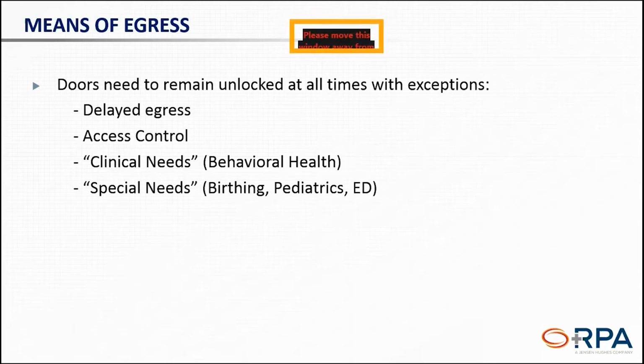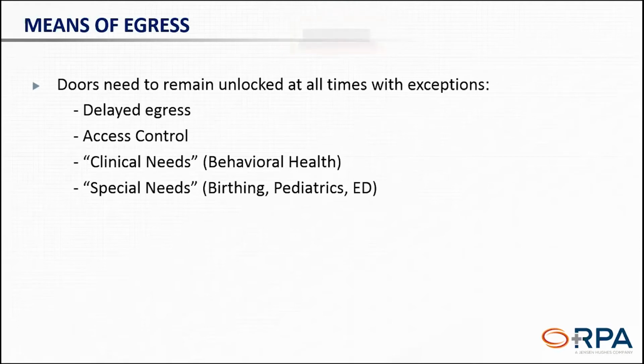One thing we can do, we can lock an area, typically behavioral health, due to the patient's clinical needs. So we've been able to do that for a long time. We want to make sure we're keeping those patients nice and safe and they're not able to harm themselves. And then the new one for the 2012 edition was, are we locking an area for patient special needs?